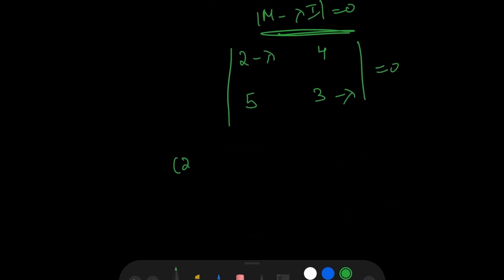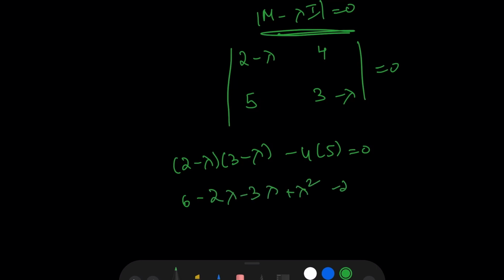So 2 minus lambda into 3 minus lambda minus 4 into 5 equated to 0 will give me the characteristic equation. Further simplifying this, 6 minus 2 lambda minus 3 lambda plus lambda square minus 20 is equal to 0, lambda square minus 5 lambda minus 14 is equal to 0.